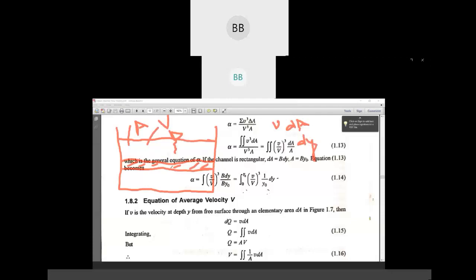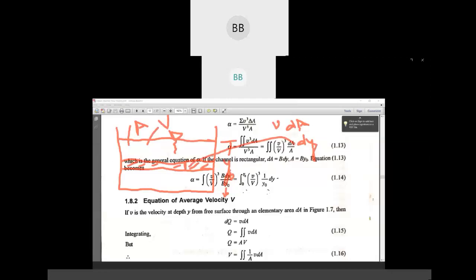You consider the whole depth of flow is y naught, and for a particular depth, the small elementary area is nothing but your dy.